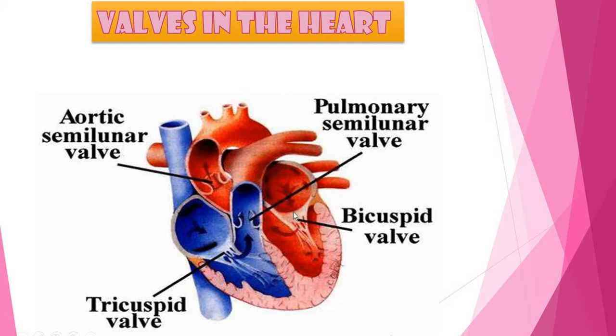So, there is a bicuspid valve between the left atrium and the left ventricle, and there is an aortic semilunar valve between the left ventricle and aorta. On the other side, there is a tricuspid valve between the right atrium and right ventricle, while there is a pulmonary semilunar valve between the pulmonary arteries and the right ventricle.